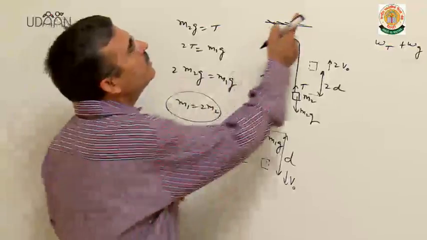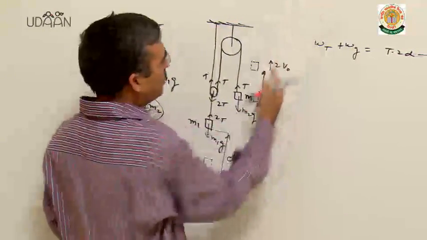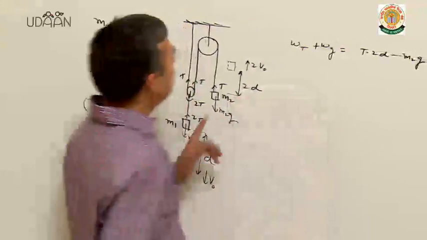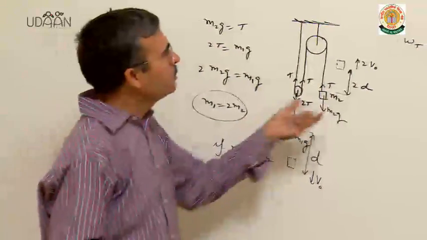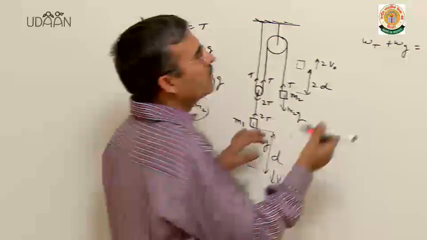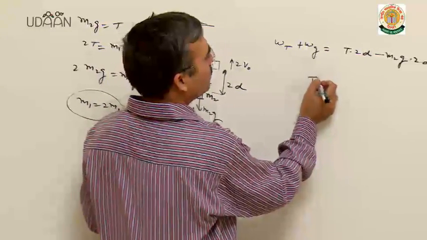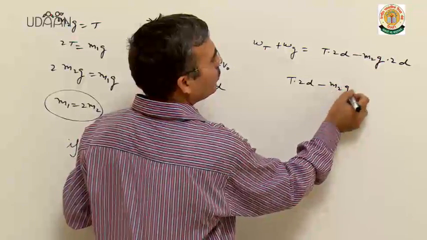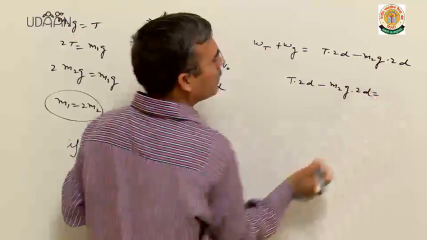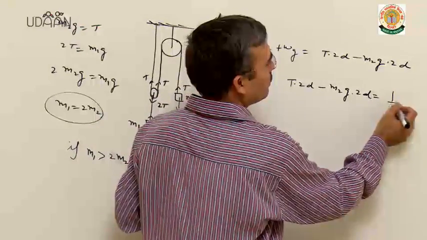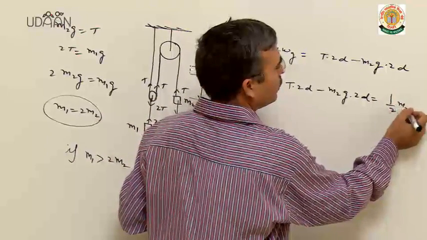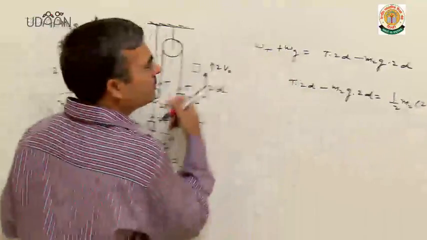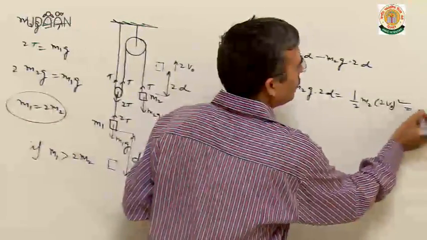This will be equal to change in kinetic energy of the M2 block according to this theorem. We are applying work energy theorem individually on each block. So this will be T into 2D minus M2 into G into 2D equal to half m2 into (2v0) square minus 0.